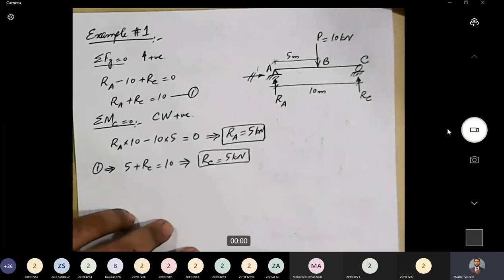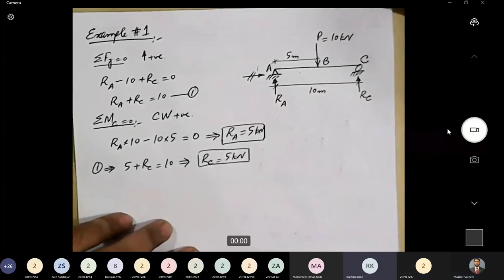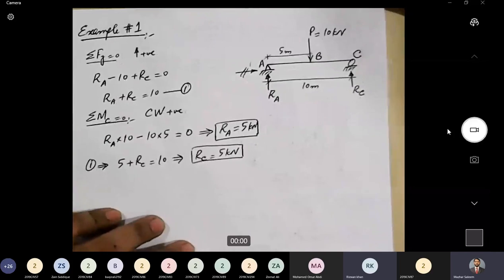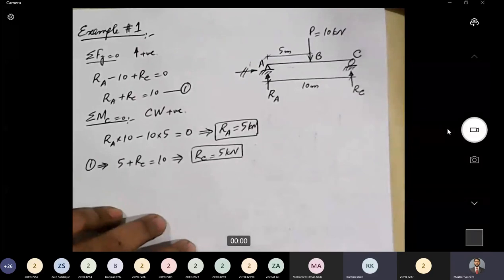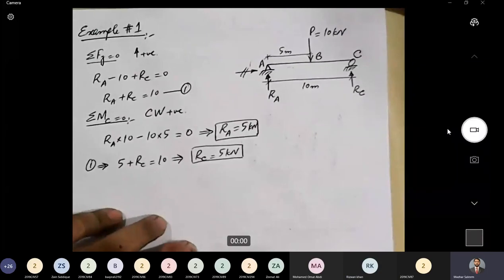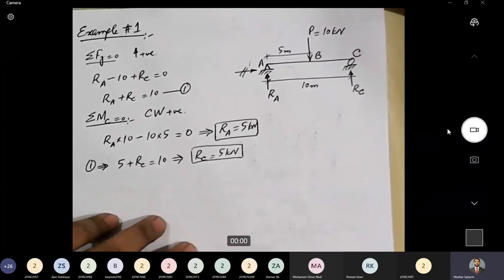Sir, if we take counterclockwise, then our answers will also change. If we assume counterclockwise positive, then our answers would be -5 and 15, I think, so they would turn out wrong. That's why I said just stick to one convention. At this point, as we are beginners, I would suggest you just stick to one convention.